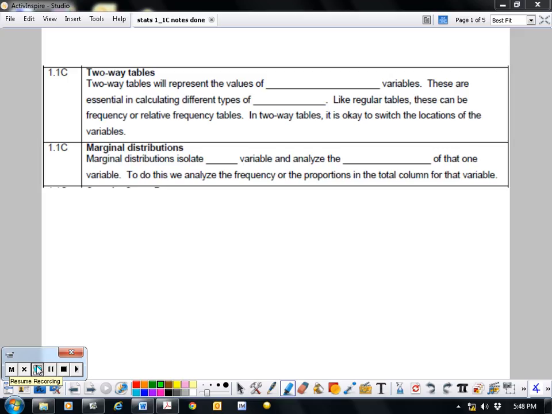We're going to finish up categorical variables today, and we're going to look at what we call two-way tables. Two-way tables are very, very helpful, and they represent the values of two categorical variables.